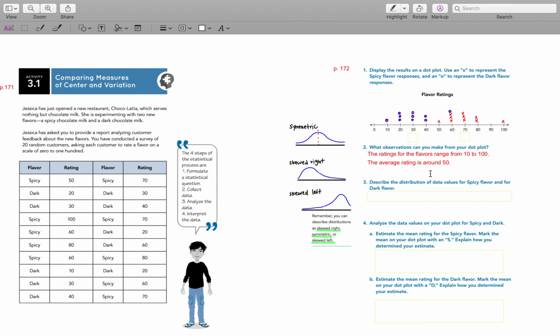And number 3, describe the distribution of data values for spicy flavor and for dark flavor. So when we're talking about the distribution, it's about either it looks symmetric or it looks skewed right or skewed left. So if you look at both of them, each flavor's data distribution appears to be symmetric, right?